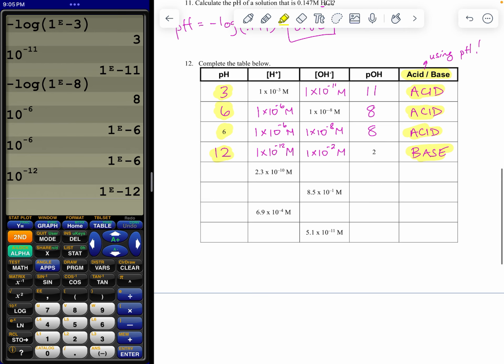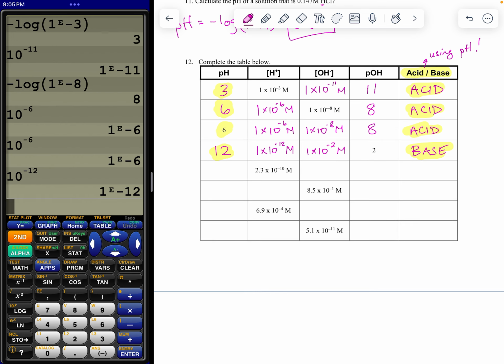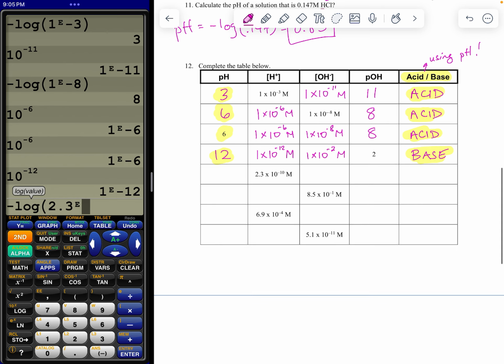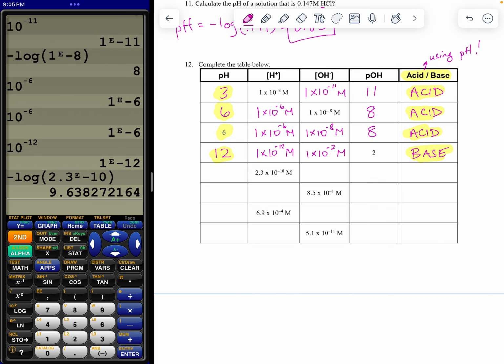All right. So now we're going to get into some numbers that aren't as nice, which is fine because we do everything the same way. So the concentration of H is provided. So let's find the pH by doing the negative log of that. 2.3 times 10 to the negative 10. And we get a pH of 9.64.